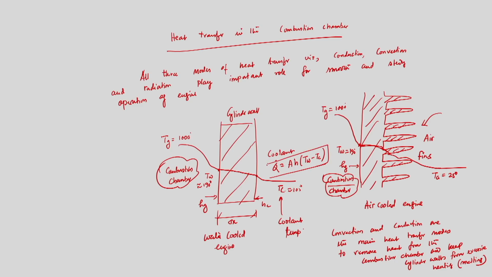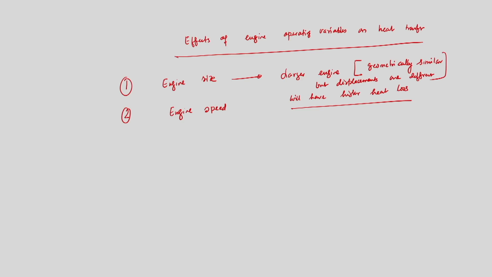And if we go back, this heat loss is basically Q dot equal to h into A into (T_w minus T_coolant). This is the heat loss to the surroundings, where h is the convective heat transfer coefficient.